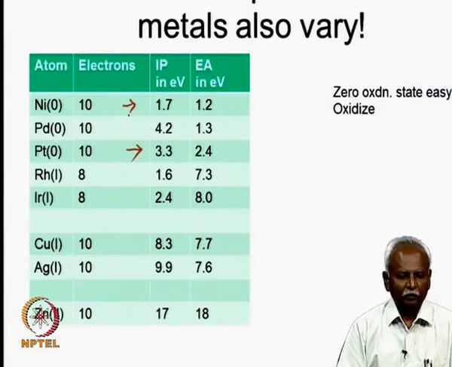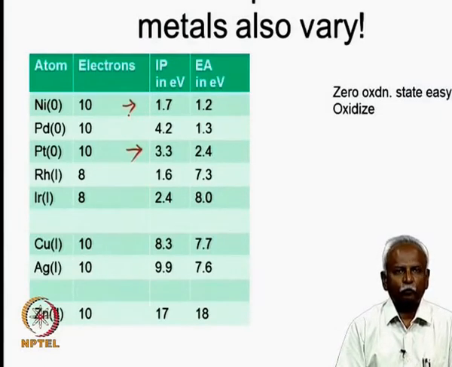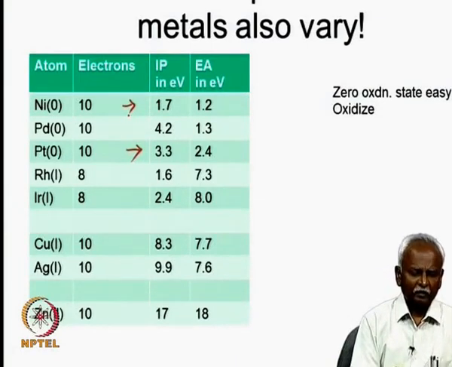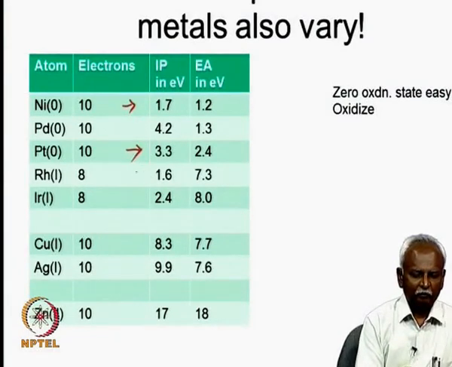Palladium 0 should not, by what we are seeing here in terms of ionization potential, nickel and platinum should form better complexes than palladium, and that is in general true. So, let us take a look at the rhodium and the iridium complexes. Once again, the rhodium complex is easier to ionize and the iridium complex has got a higher ionization potential, and so rhodium forms very good complexes, very stable complexes.